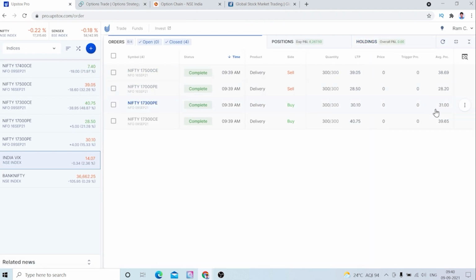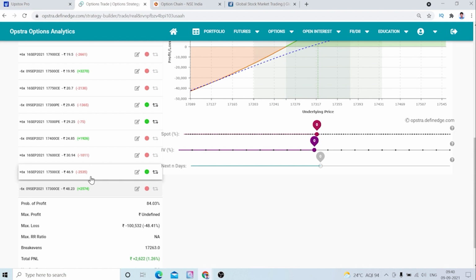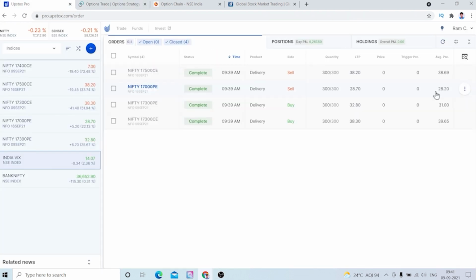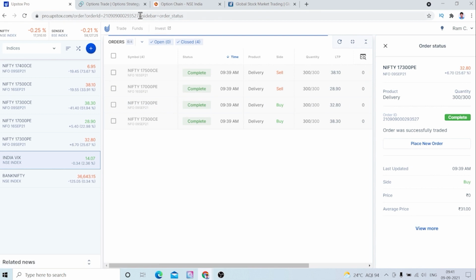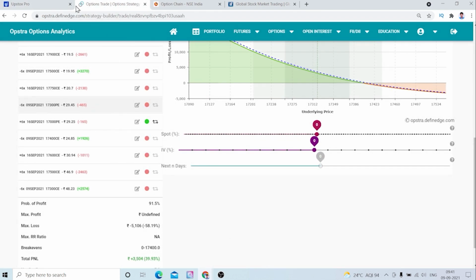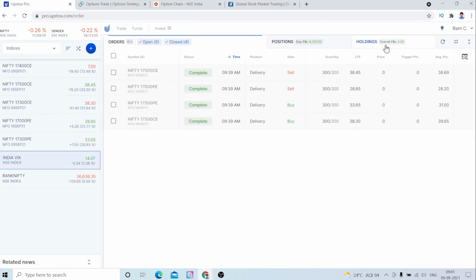For the call bought position, I'm entering 17,500 for the forward week. Put sold at 31 rupees at the 17,300 strike price, I'm entering that position. And the last position, put bought at 17,000 in the forward week. I'm entering that position as well.